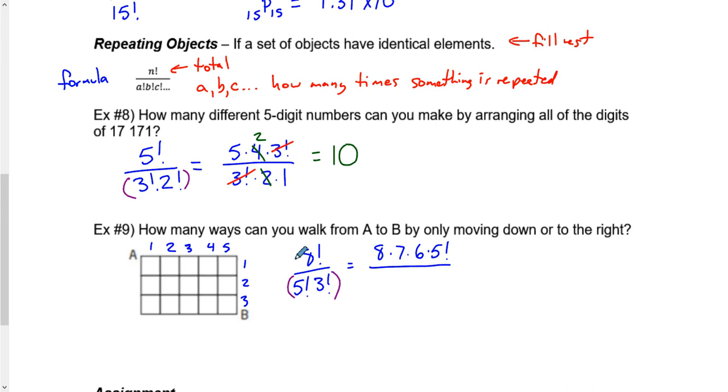It's just kind of a habit of mine. 5 factorial, I know that that's going to cancel off. 3 factorial, well, nothing really here that I can fully cancel, but I know that 3 factorial is 3 times 2 times 1. 3 and 2 is 6. So divided by 1, 8 times 7, 56. Okay, rock and roll, and have some fun.